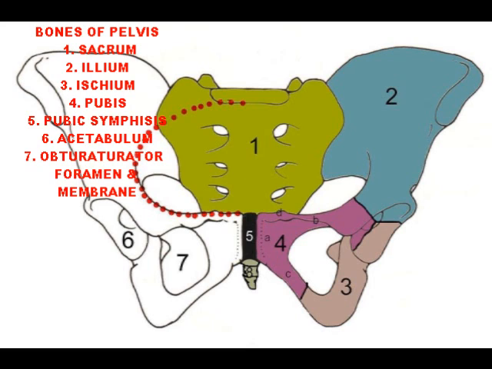Number two is called the ilium. Number three is called the ischium. And we get the word ischial tuberosity because the ischial tuberosity is made up of the bottom back portion of the ischium.